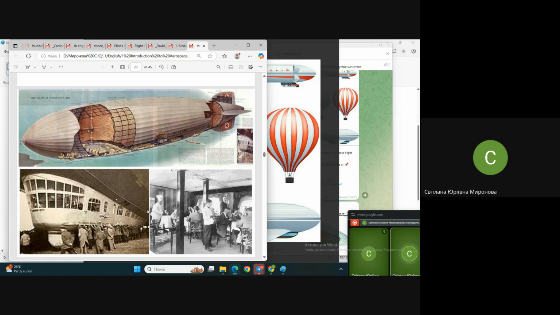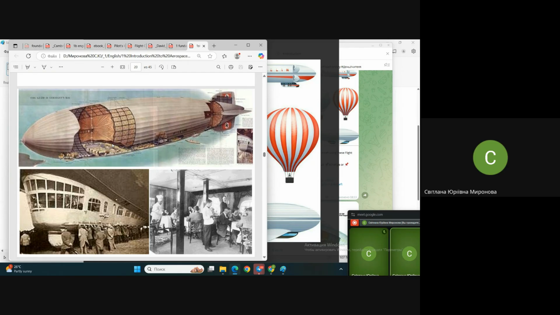So it was a whole city, maybe, at least a luxury village, let it be, at the bottom of this dirigible. And all other area was filled with some gas which is lighter than air, and this gas was hydrogen, or at least a mixture with hydrogen.